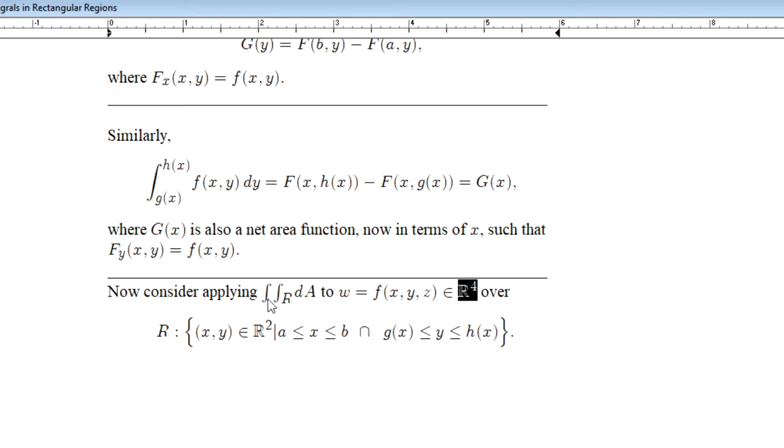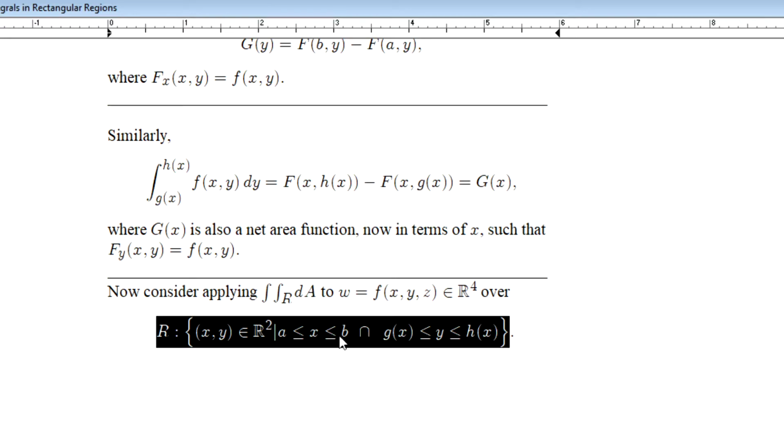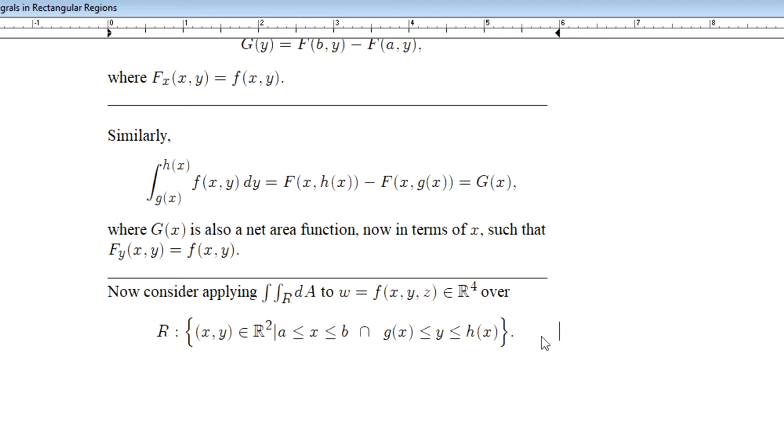Now, in this case, again, we are going to consider applying this double integral over R, which is rather a classical understanding of R, where x is going to vary between the constant bounds of a and b, and y is going to vary between these functional bounds.